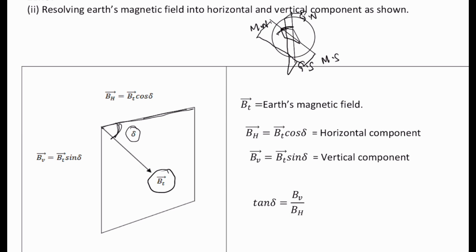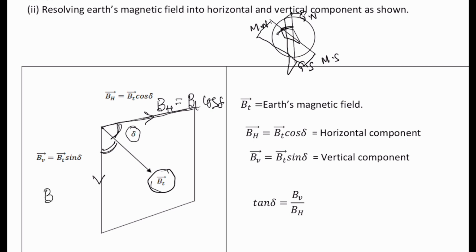Now if we divide this Earth's magnetic field into two mutually perpendicular components, then the horizontal component of Earth's magnetic field will be BT cos delta, correct? And the vertical component is also BT into cos of the angle between BT and the vertical part.